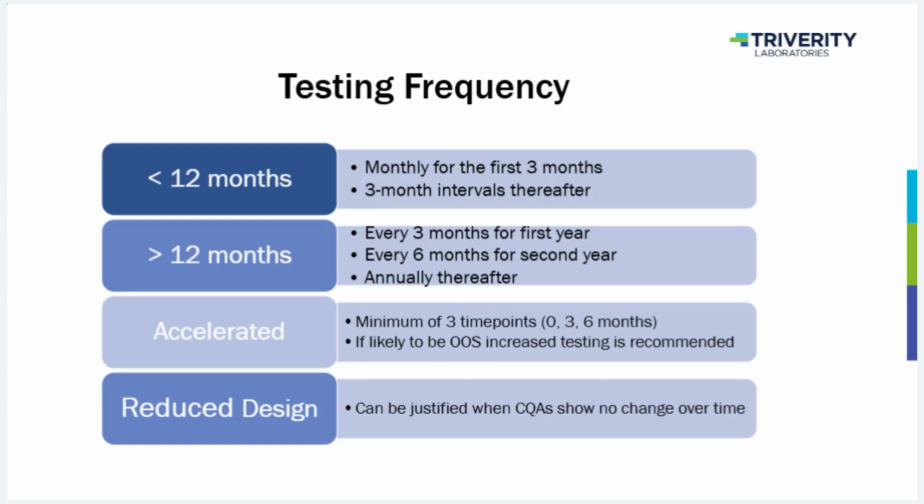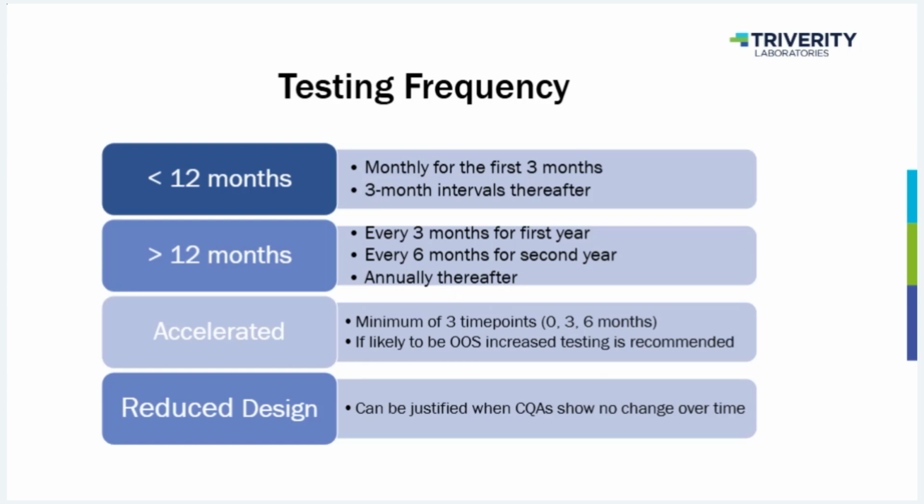For accelerated, you need to have a minimum of 3 time points: 0, 3, and 6 months. And if it's likely to be out of specification, you need to increase your testing. So maybe adding a 1 and 2 month time point, so that if you do halt stability, if it's failing at 3 months, you really still need to have those 3 time points.